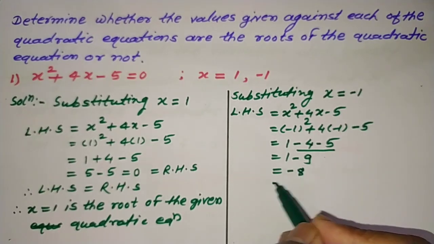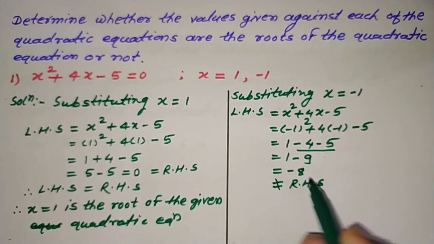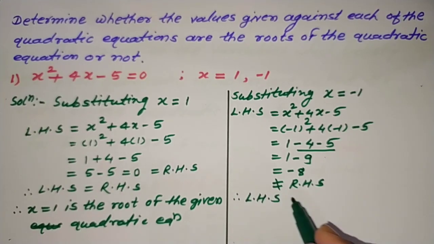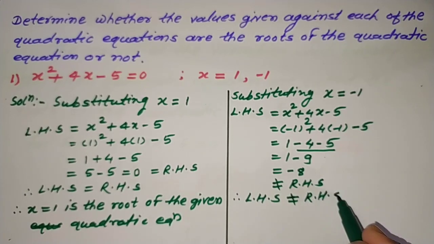And minus 8 is not equal to the right hand side. The right hand side is 0, and therefore the left hand side is not equal to the right hand side.